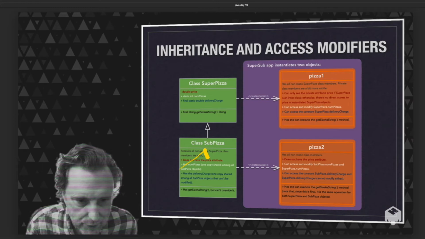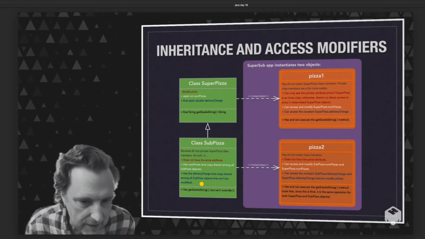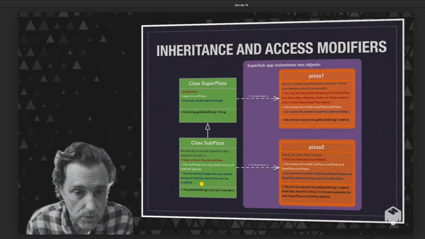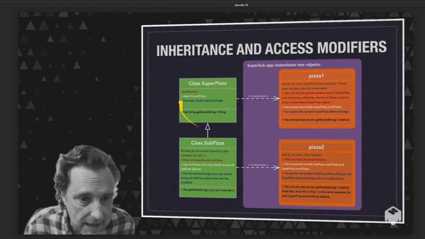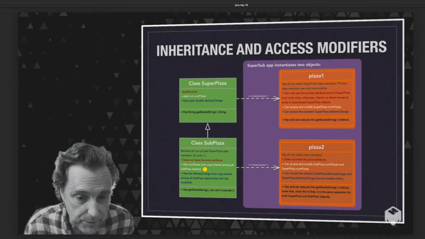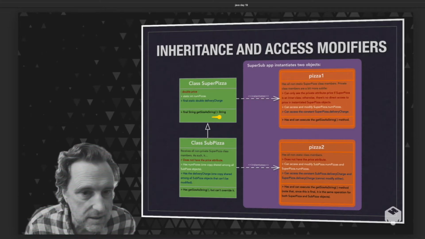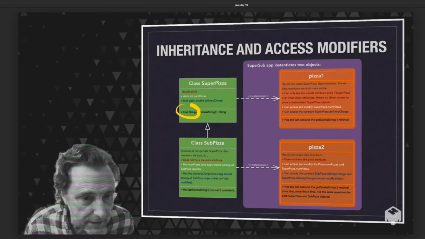In terms of delivery charge, the SubPizza has the delivery charge, but since it's finalized, you can't change it. So since I finalized it in the superclass, that then impacts the subclass by making it final. You can't change it. That's what final means. Likewise, the method get size as string, which is added in the superclass, but also finalized.